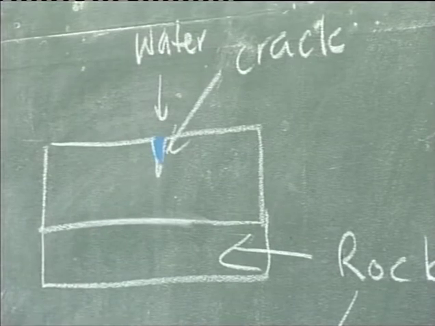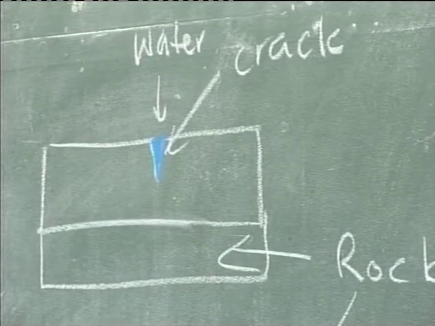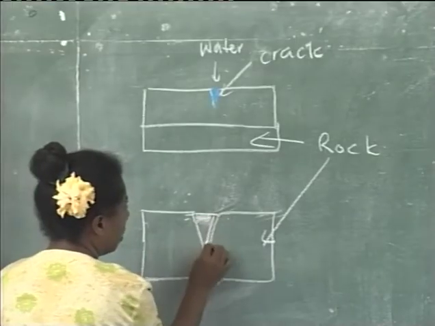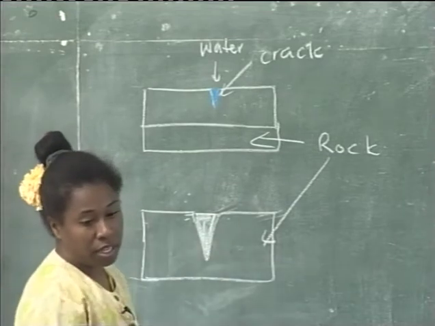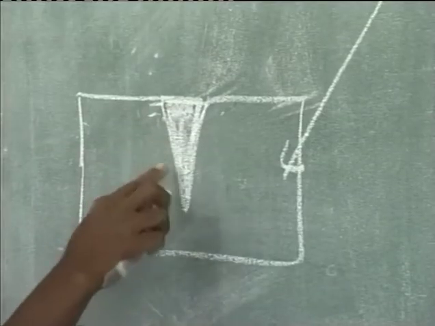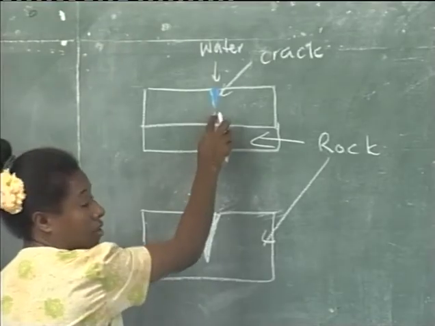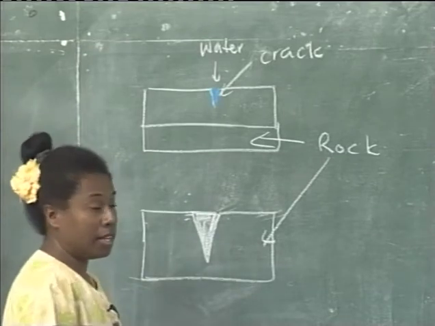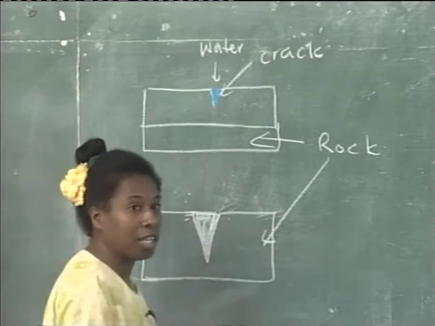The water gets collected in the crack here, which is in the rock itself. And then when the temperatures go below 0 degrees, what happens to the water? It freezes. And when it freezes, it expands, because we have found out that water, upon freezing, expands by about 1/10. So here goes. It freezes. It takes up more space. You can see now the crack originally in the first diagram is small. And in the second diagram, the crack has gone bigger or wider. And when that happens, we can see stress and strain exerted on this rock here, resulting in it breaking up.